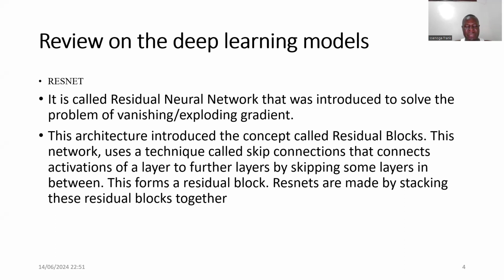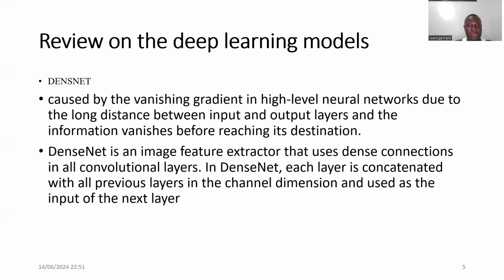The other model, GoogleNet, has a problem of vanishing gradients. So when you implement this one, we shall be solving the problem of vanishing gradient that exists in GoogleNet. So when you introduce this model, it can be used to eradicate that problem, as part of the research gap that exists in these models.